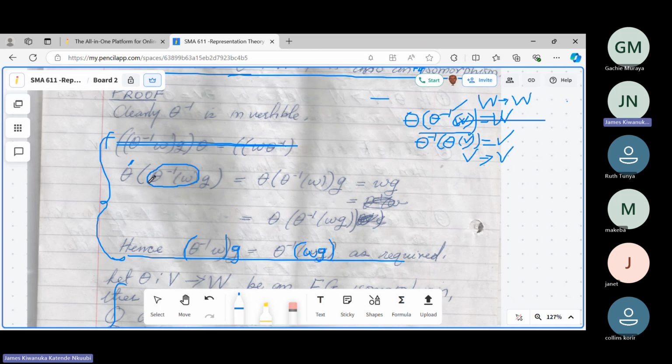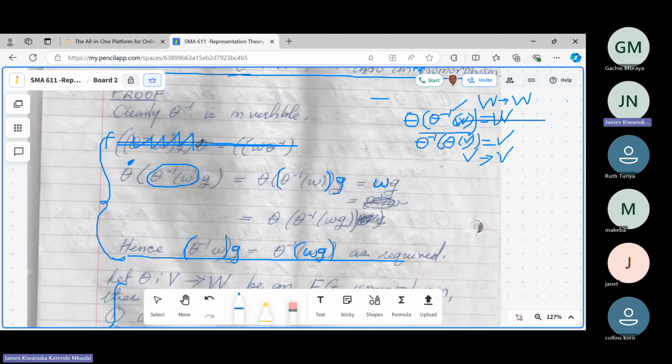This is a vector in V, remember, from the definition. So it's possible to isolate it here as a vector from G using the fact that theta is an FG homomorphism. Just from the definition, this will be true. So then the G is outside. But now theta inverse will give you the identity, right? So the identity will just give you W. The identity acting on W will give you W.